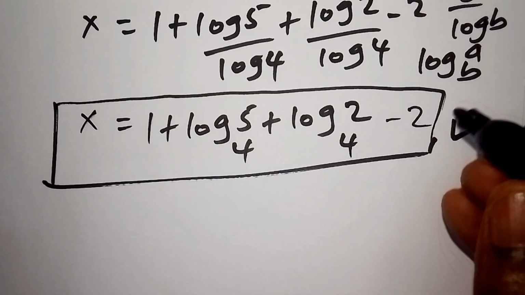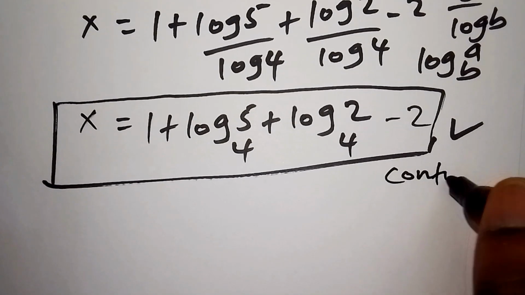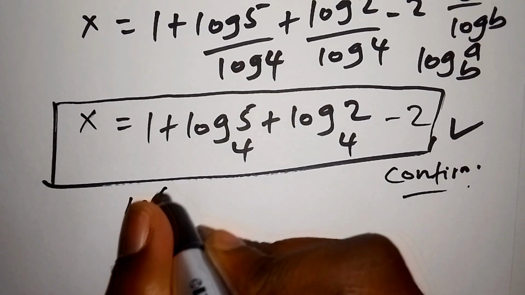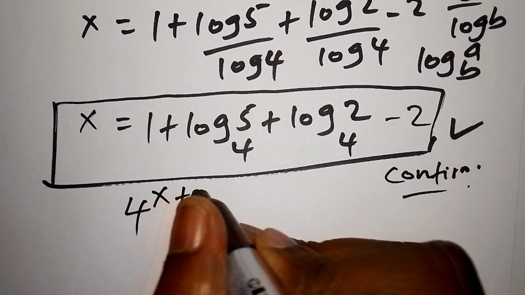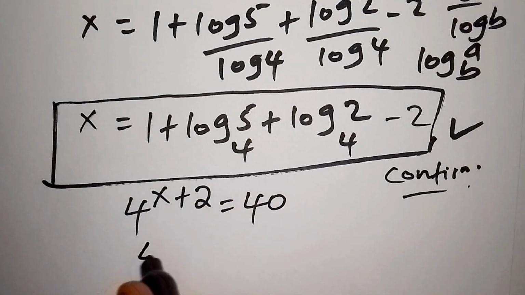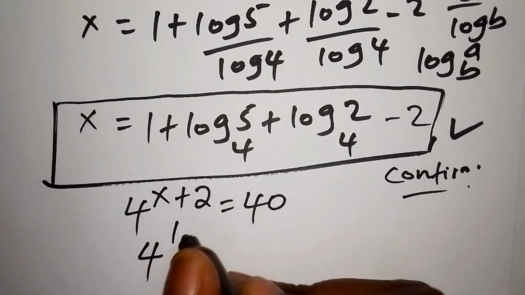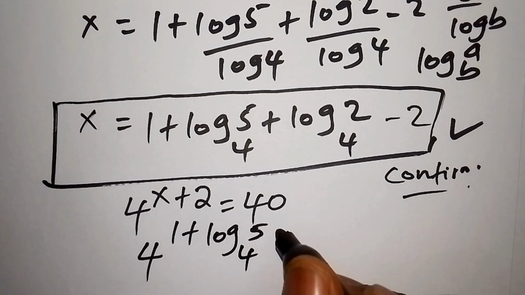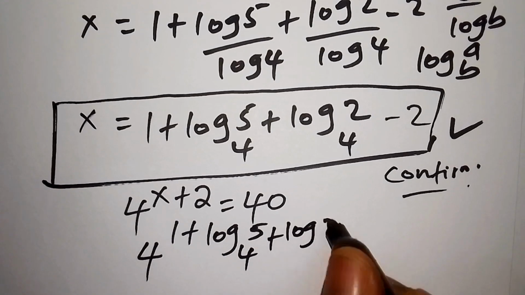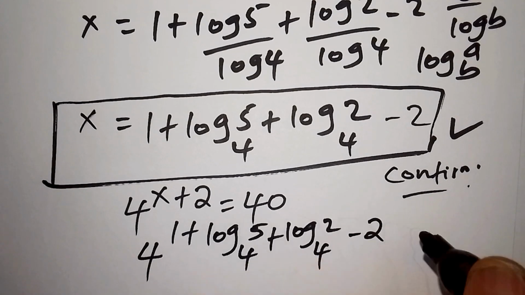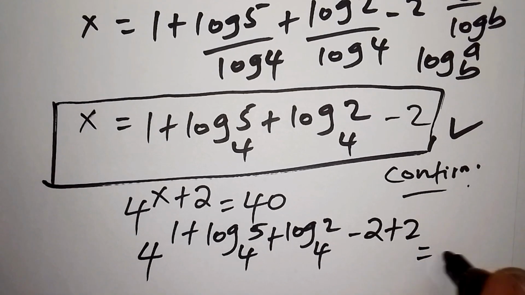So let's now confirm the answer very fast. We had 4 to the power of x plus 2 is equal to 40. So in this case we shall have it as 4 to the power of 1 plus the log of 5 to the base of 4, plus the log of 2 to the base of 4, minus 2, then plus 2 is equal to 40.